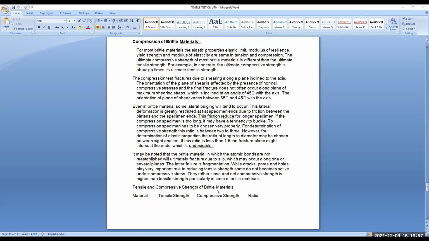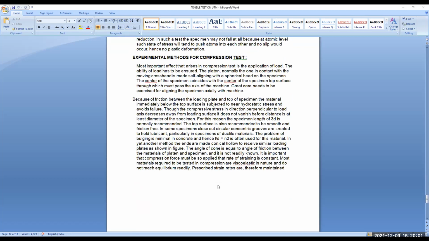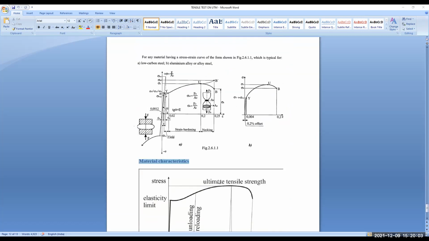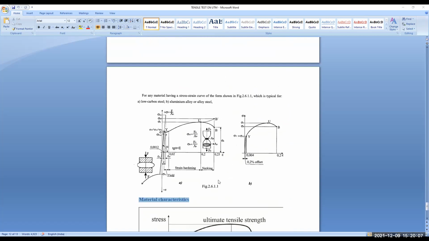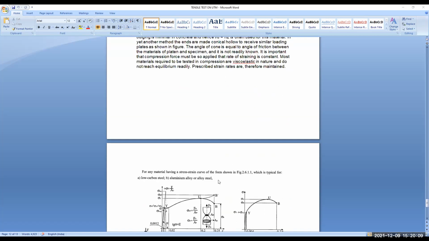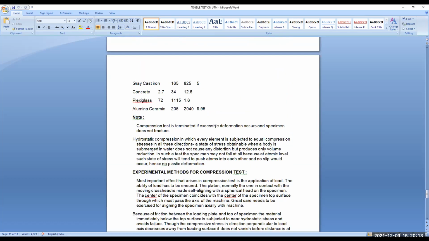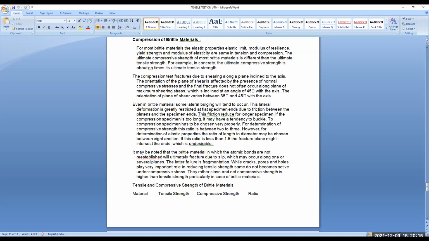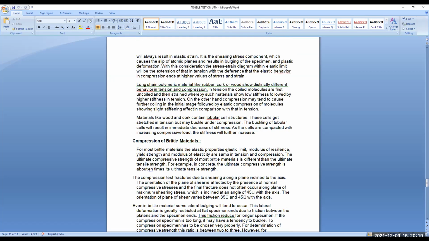Now the compression of brittle material. For most brittle materials, elastic properties such as elastic limit, modulus of elasticity, yield strength and modulus of rigidity are the same in tension and compression.